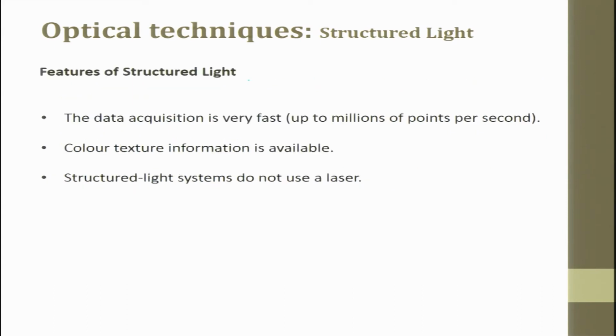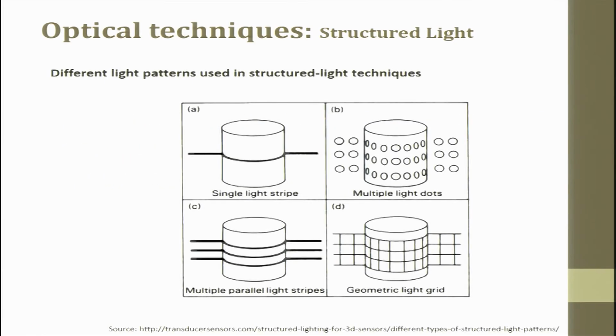The features of a structured light: the data acquisition rate is very fast, and the color texture information is also available. Structured light systems do not use a laser light, so you can try to get better insight also.